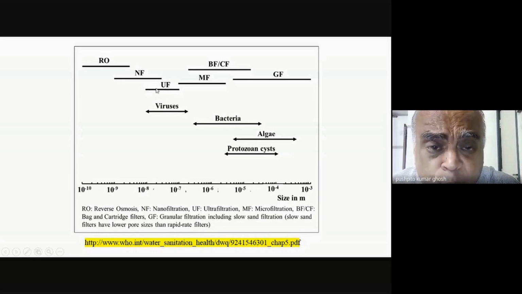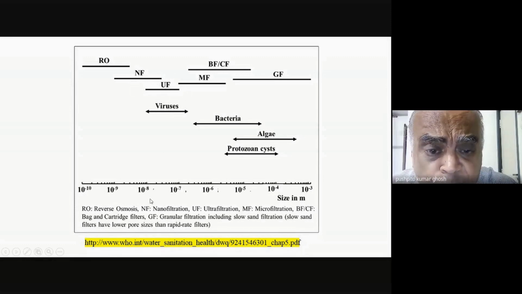Then you can come to ultrafiltration, where even if you look with an electron microscope, you will never be able to see the pores in a tight membrane. You can only imagine that there are pores. Even in nanofiltration, you'll struggle to see the pores. But in ultrafiltration, you can comfortably see the pores in the electron microscope.